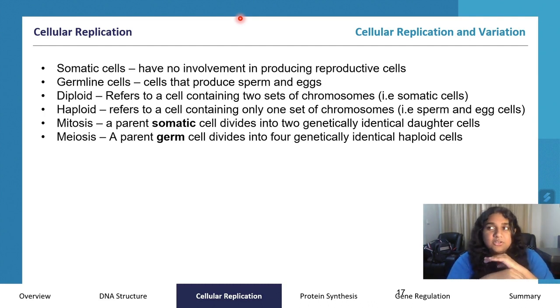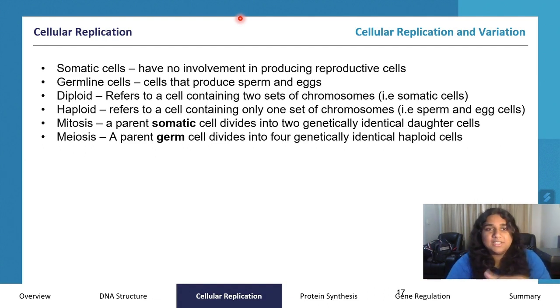So these ones are your regular body cells. They have no involvement in producing reproductive cells, and they've got nothing to do with fertilization and creation of gametes and zygotes and things like that. Germline cells, however, are the cells that end up producing sperm and eggs. So these two are the ones that fuse together to produce a baby in fertilization, basically.